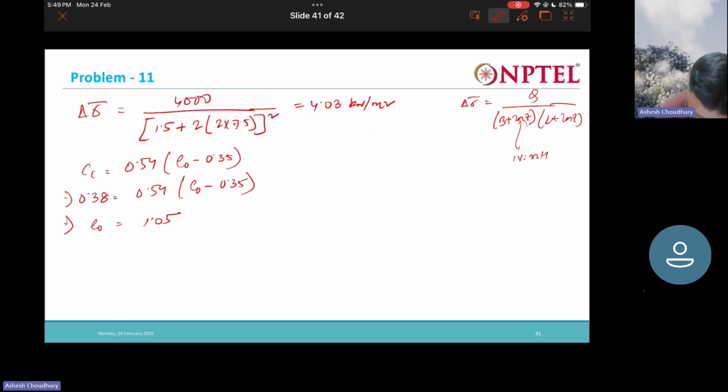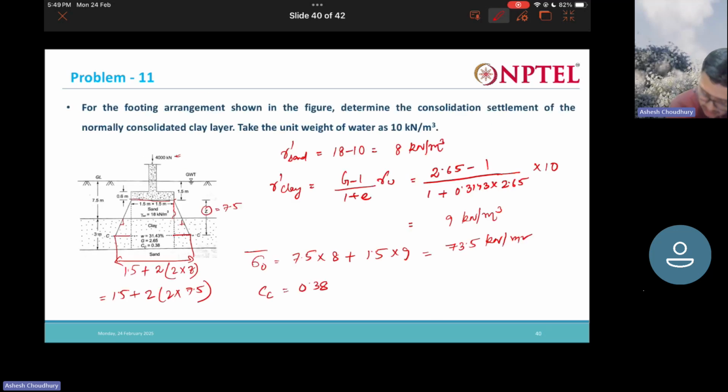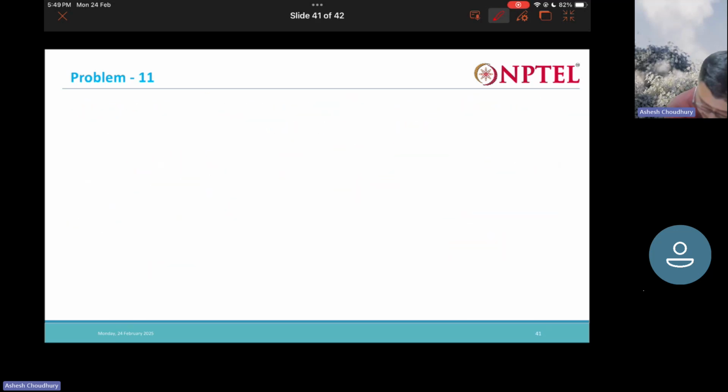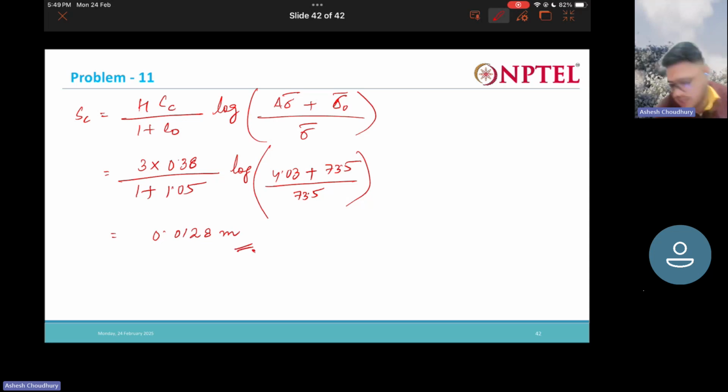Delta sigma is 4.03 plus the initial effective stress, which is 73.5. So this much is my consolidation settlement, 0.8.